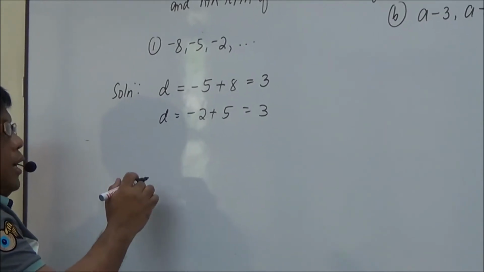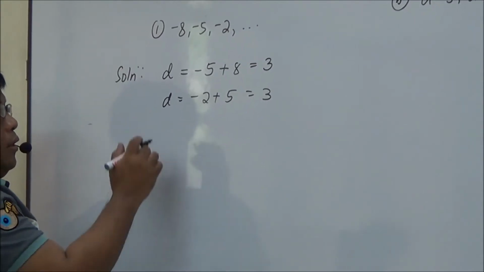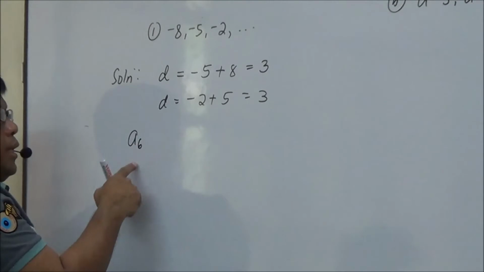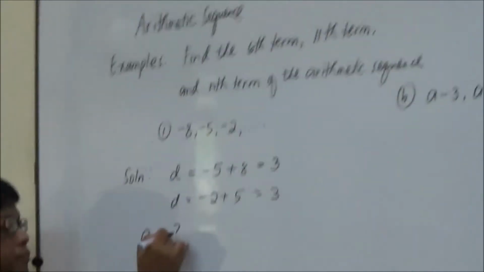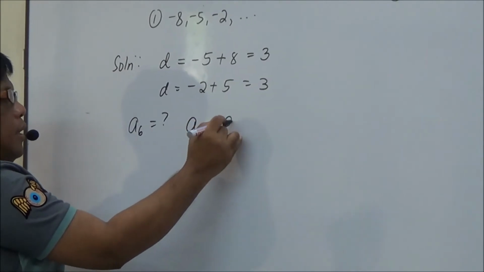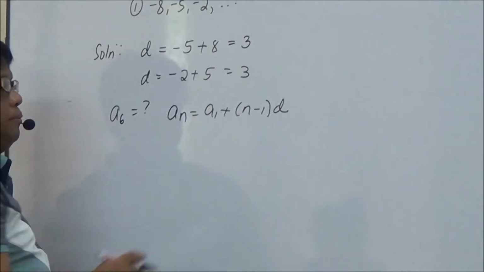Since we have already found the common difference, let us now define the 6th term. The 6th term is denoted by A sub 6, and we'll make use of the formula a sub n equals a1 plus (n minus 1) times t.